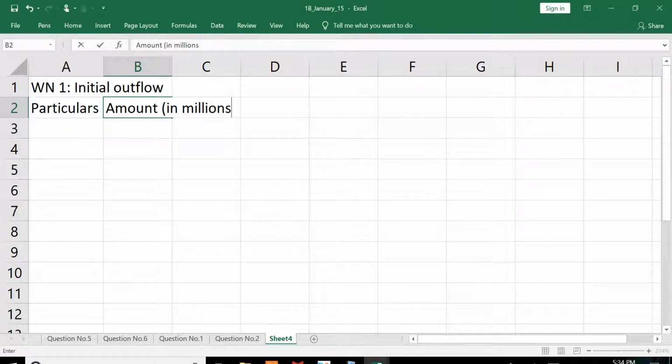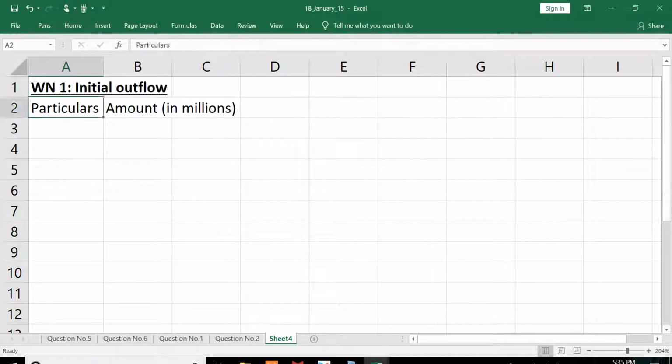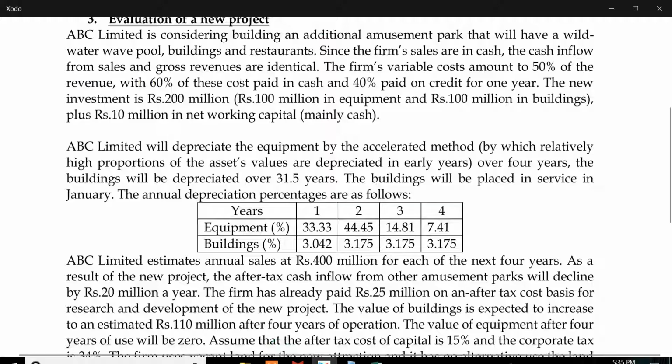Let's do the problems in millions. What are the initial outflows we see?